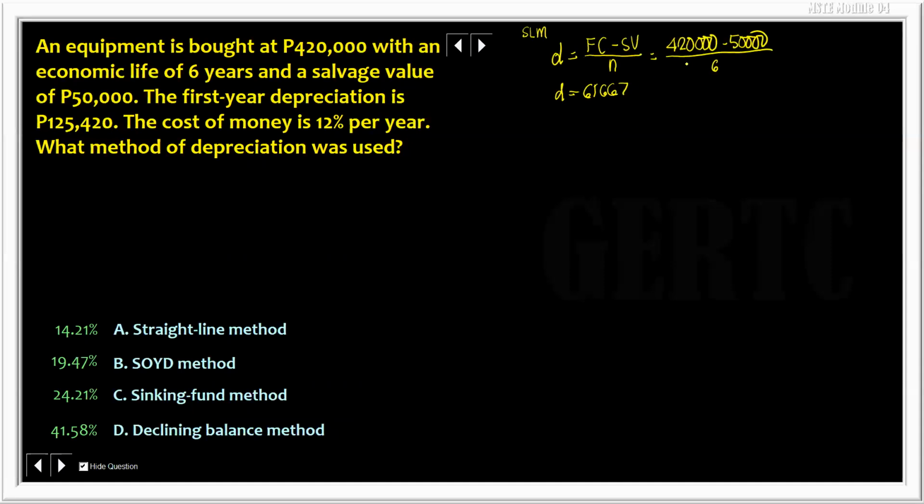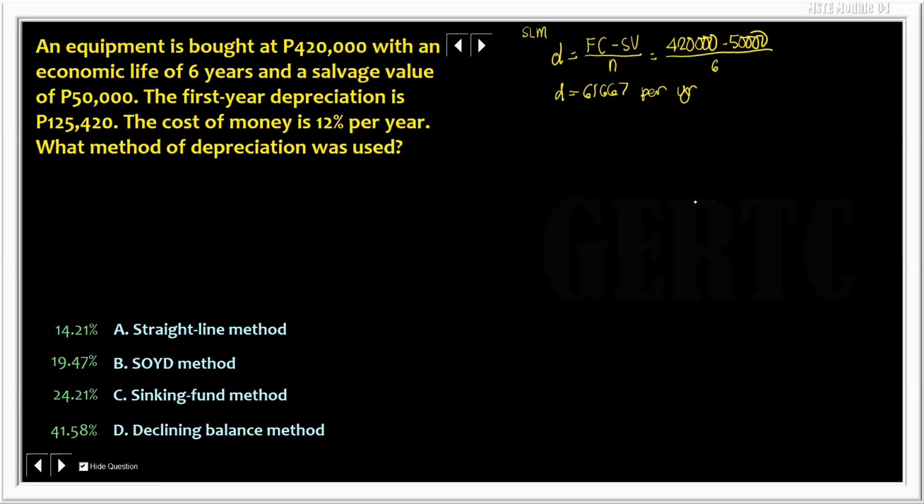That should also be the first year depreciation, because this is already the yearly depreciation. But since that is not equal to 125,420, the answer is not the straight line method, not letter A.